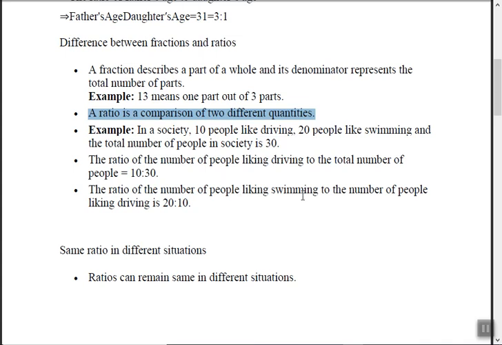Then liking swimming to liking driving is 20 is to 10. Here one way we are comparing to the total, another way we are comparing swimming to driving. It's simply a comparison of two different quantities. It can be anything: total number, swimming, driving, liking tea, whatever it may be.